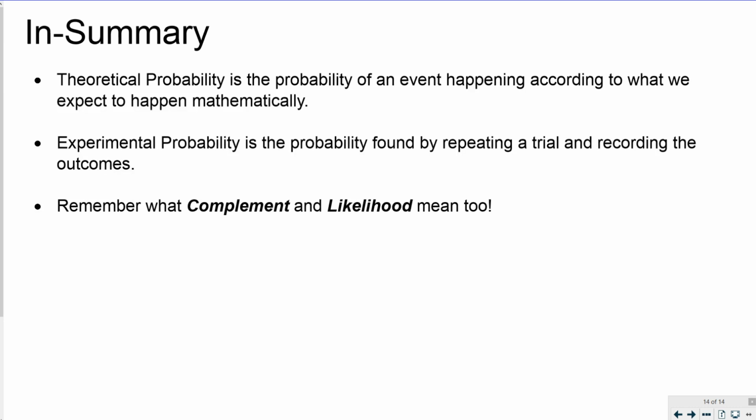The first two examples were theoretical probability, and the third example with the table was experimental probability, because it was the probability of an event happening over and over again, and how many actually showed up that way in the trial. And remember what complement and likelihood mean too. Complement is the probability of an event not happening, and likelihood is translating that probability into real world understanding.